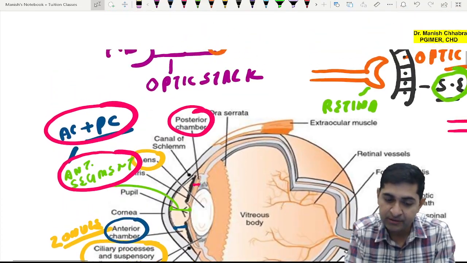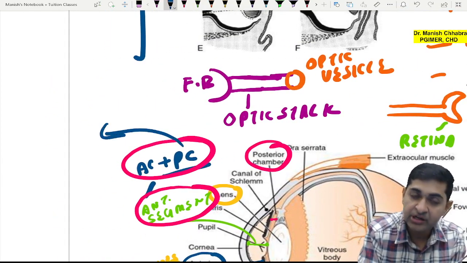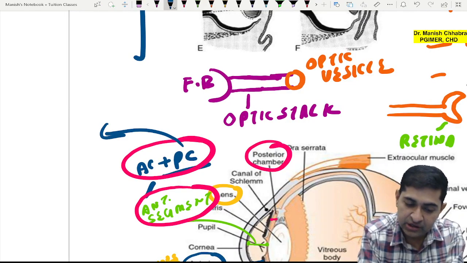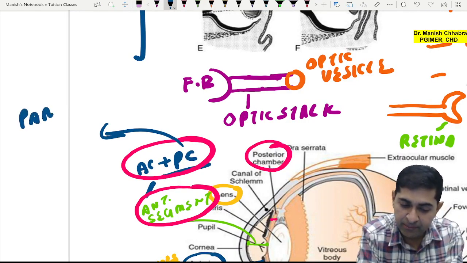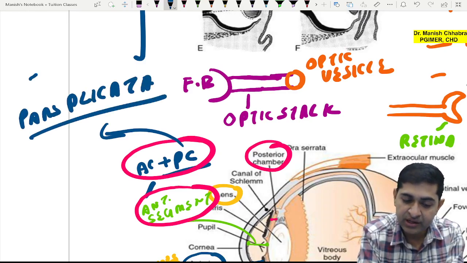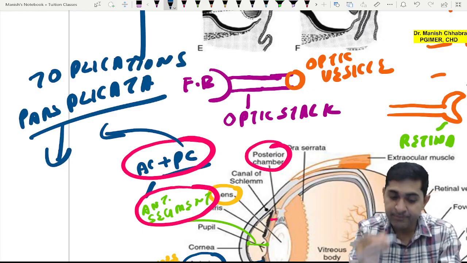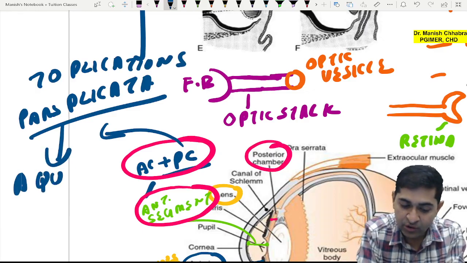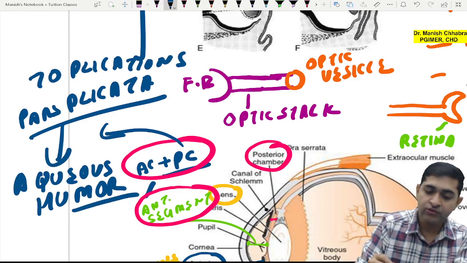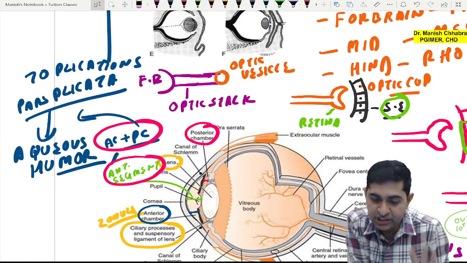Now please remember, in the posterior chamber there are plications of the pars plicata. There are 70 plications which help in formation of aqueous humor. So aqueous humor is formed in the posterior chamber.